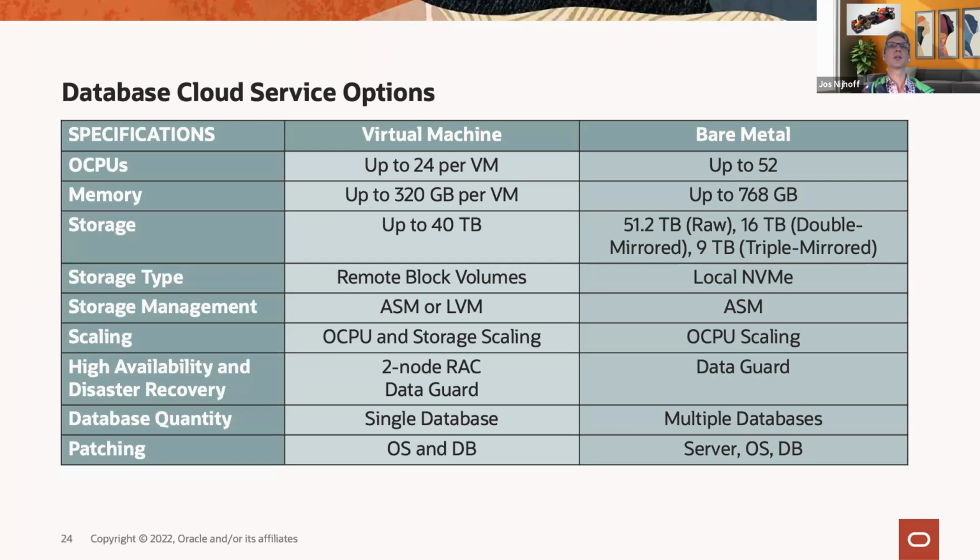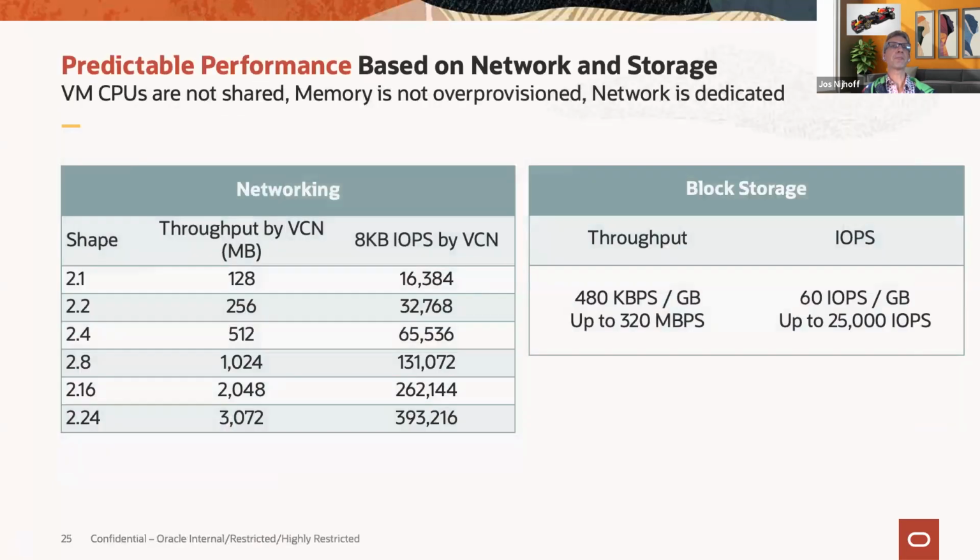You can get up to 40 or 50 terabytes of data storage, so you can get a really big database on this. You can also have Real Application Clusters and Data Guard. And the nice thing is that Data Guard is fully automated, so it's not so hard to set up anymore.